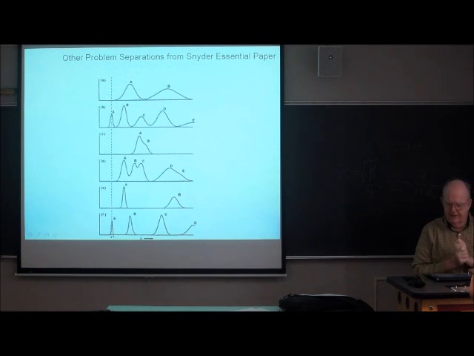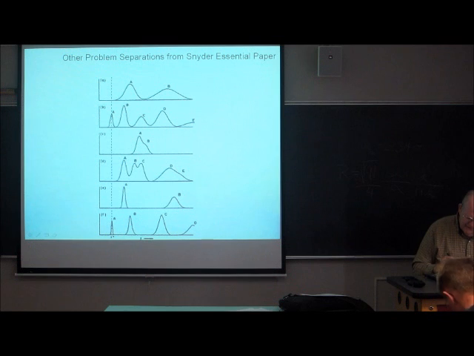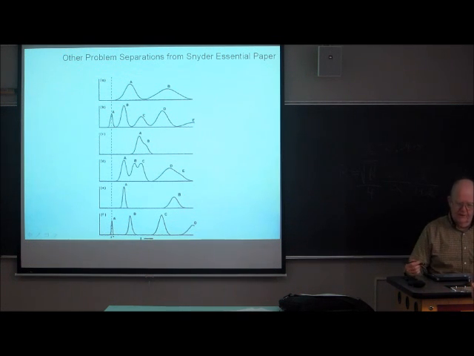In, I think, the second Snyder paper, he talks about a number of problems that one can run into in chromatography, and he talks about these 6 different types of problems. The general elution problem is one of them, but there are different problems in each of these cases.